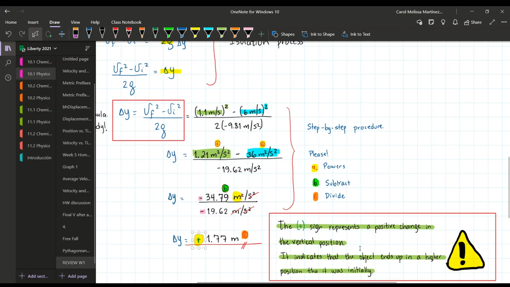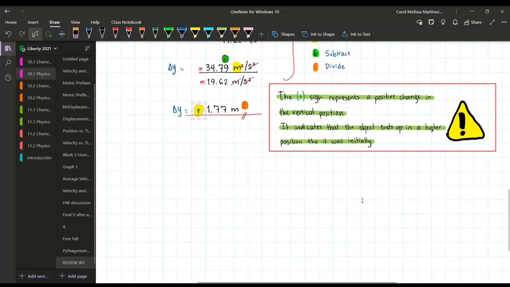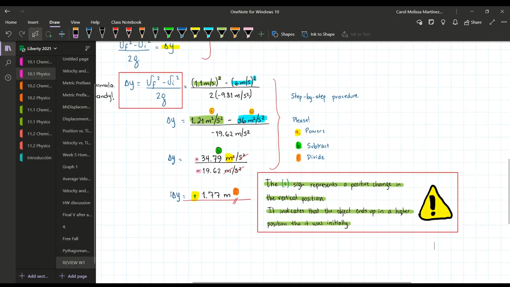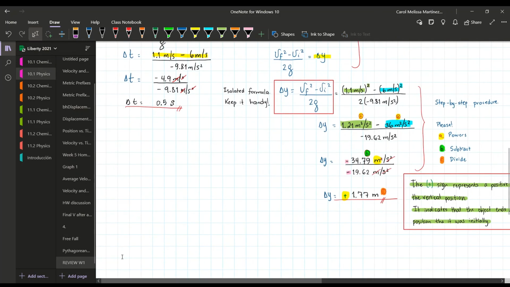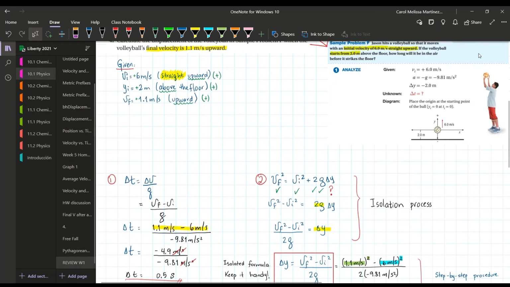And it makes sense, because remember, Jason is hitting the volleyball upward. So yes, it makes sense. Always try to analyze if your answers make sense or not. So this is it for exercise number 4. Get ready. Okay, study hard for the quiz.